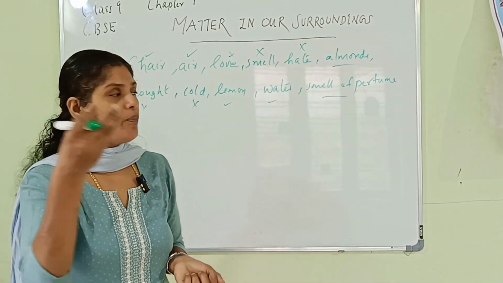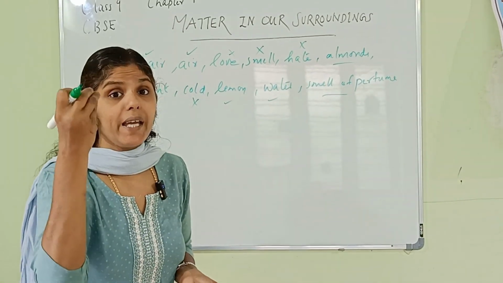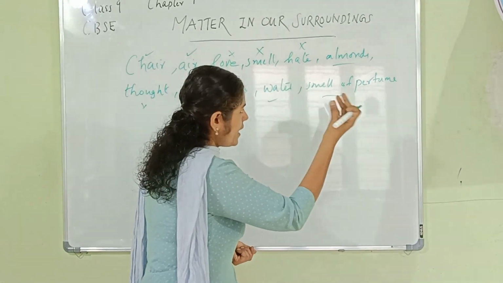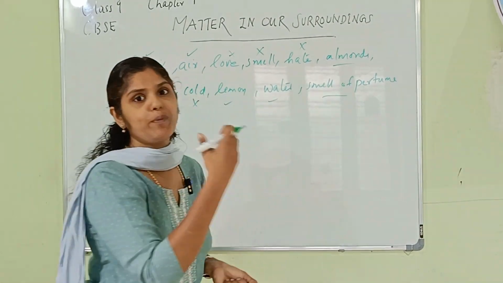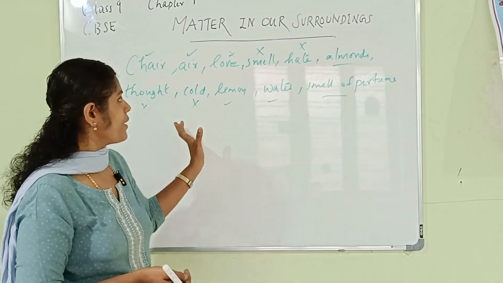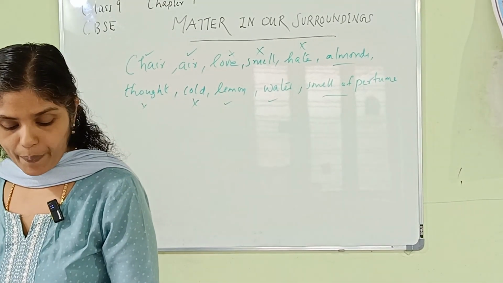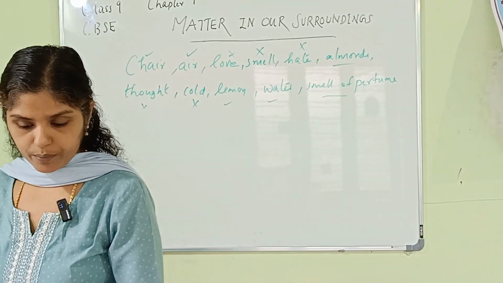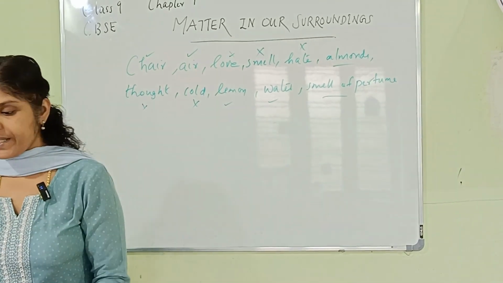And this perfume exists in gaseous form. So this is how we can distinguish the different ones, whether it is matter or not. So, which of the following are matter? Now you know the examples.